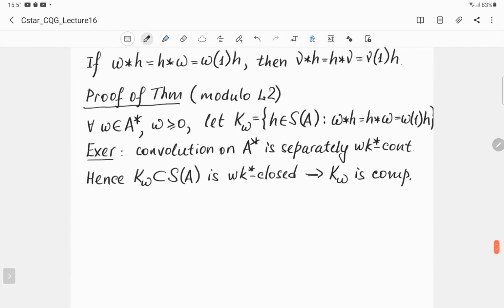Now let's observe that if we take a finite intersection of such sets, say k omega 1 to k omega n, then this intersection contains k corresponding to their sum, omega 1 plus up to omega n. Why is it so? This follows from lemma 2.